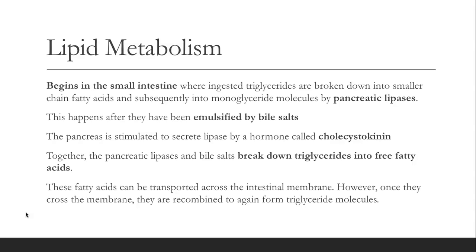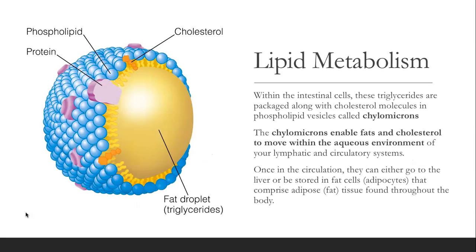Together, the pancreatic lipases and bile salts will break down triglycerides into free fatty acids. And those fatty acids then can be transported across your intestinal membrane. And then once they're across the membrane, they recombine again into triglyceride molecules. Within the cells, those triglycerides are packaged along with cholesterol molecules in phospholipid vesicles called chylomicrons, and that's what you see on the left here.